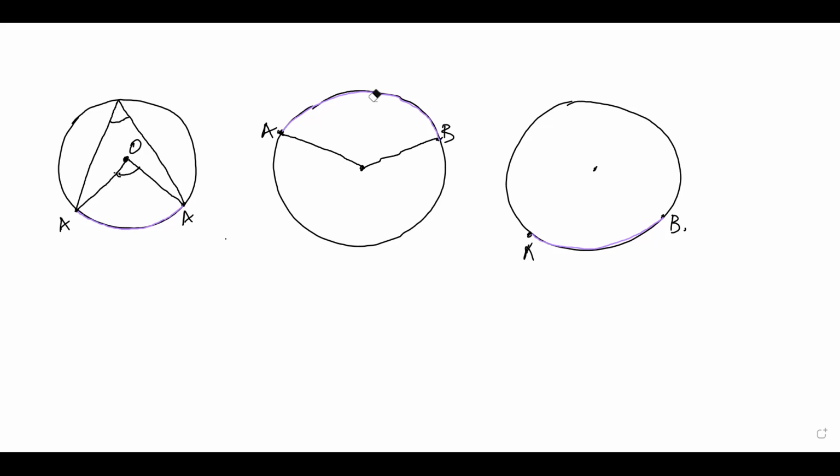So we'll use this one at the bottom, not the one at the top. So we use this one. So this arc is hanging this at the center, and the very same arc is hanging this lamp at the circumference. Okay.